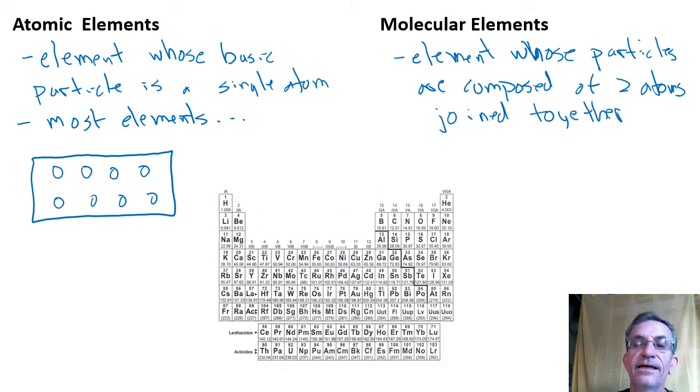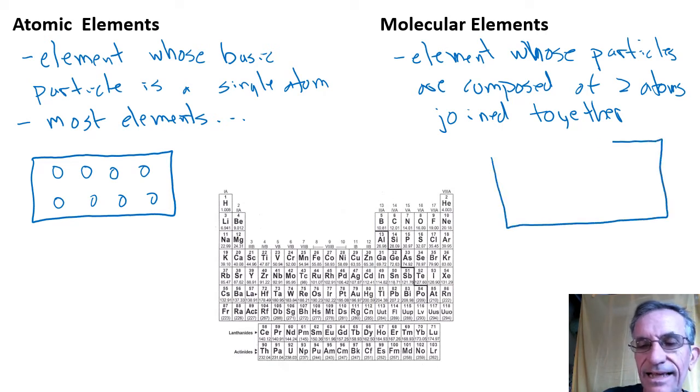It's an element whose particles are composed of two atoms joined together. So if we could see inside of it, what we would find, if we had some really great magnifying glass, is that it would look something like this.